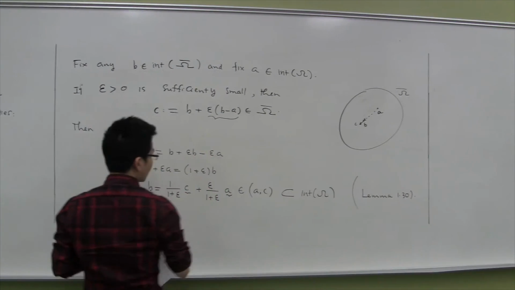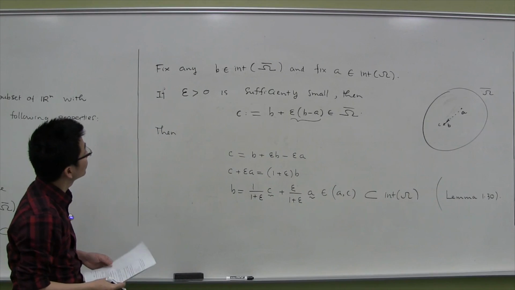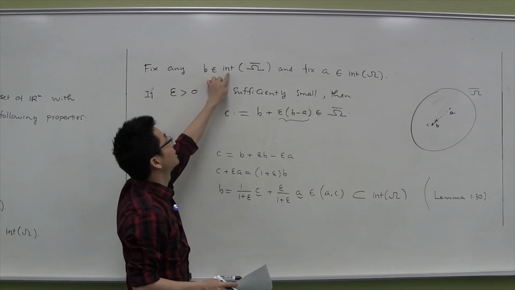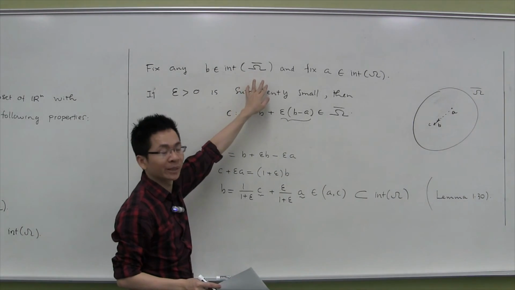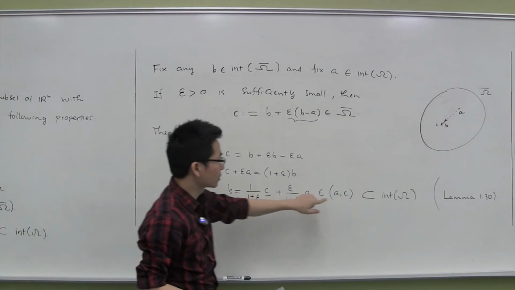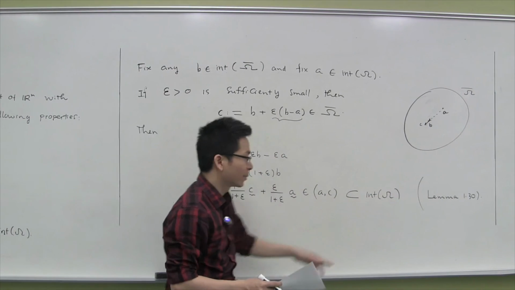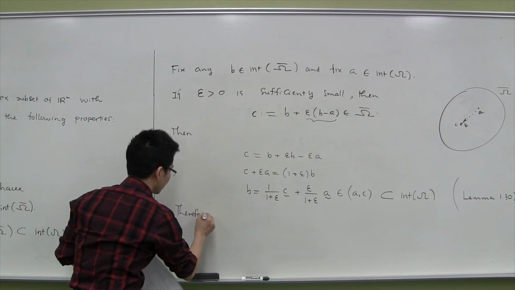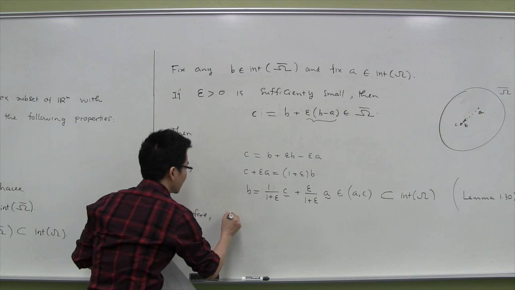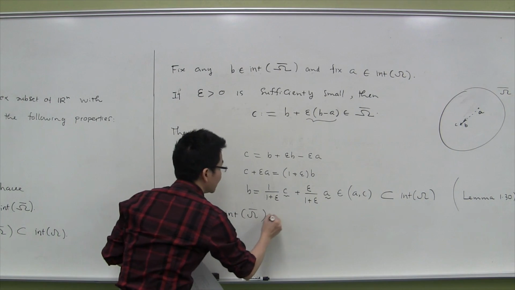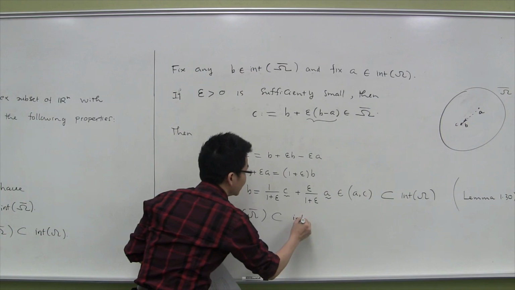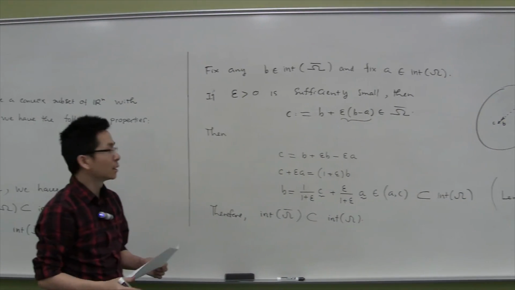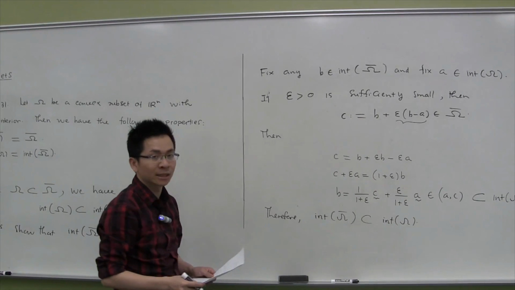So we have showed that if we take an arbitrary element B in the interior of the closure of omega, then B belongs to the interior of omega. Therefore, the interior of the closure of omega is a subset of the interior of omega. So the proof of the proposition is complete.